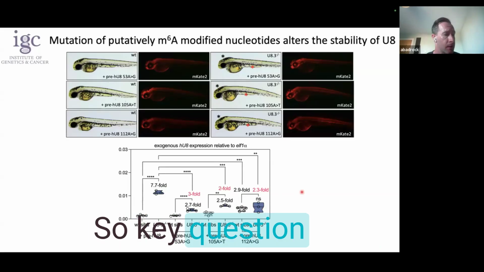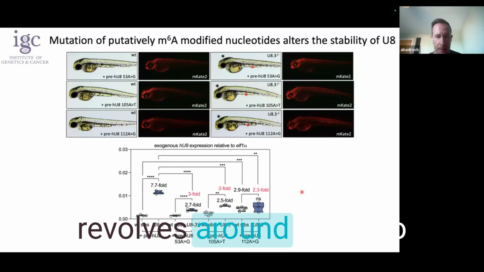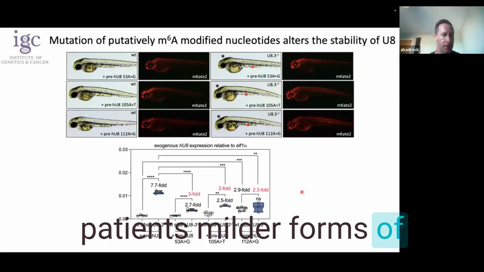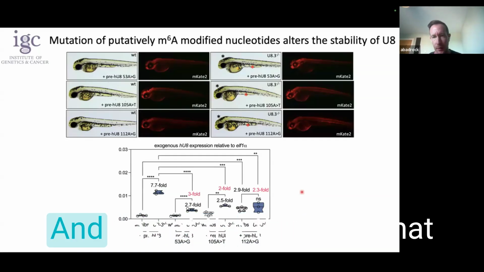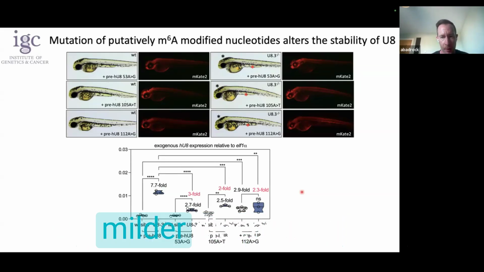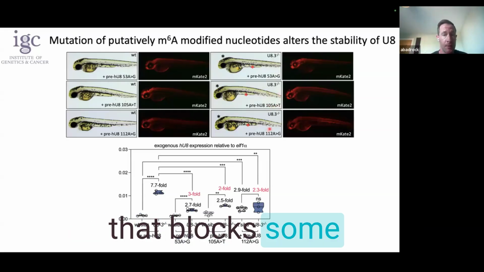So a key question for us in the lab revolves around trying to understand why some LCC patients have milder forms of the disease than others. One of the thoughts that we had was maybe that some of the people with milder disease might have a sequence variation that blocks some of these modifications.